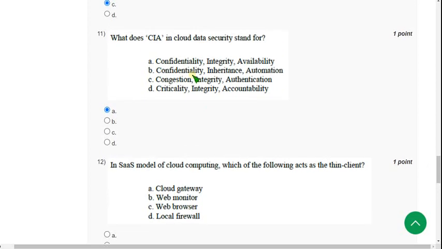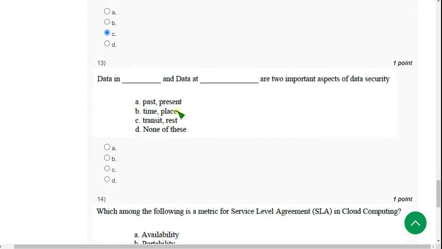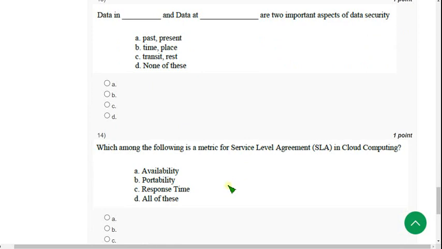Let's move on to the 12th question now. In the SaaS model of cloud computing, which of the following acts as the thin client? So the answer is option C, web browser. Web browser acts as the thin client in the SaaS model of cloud computing, software as a service. Next question, 13th one.